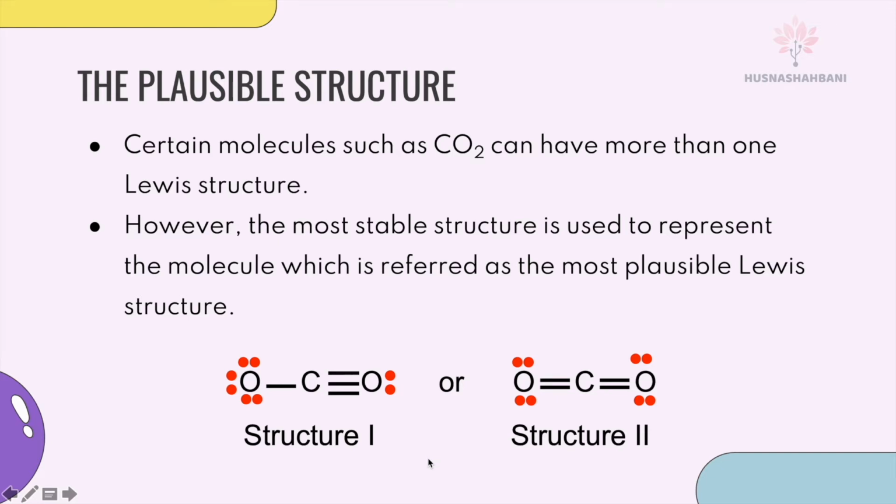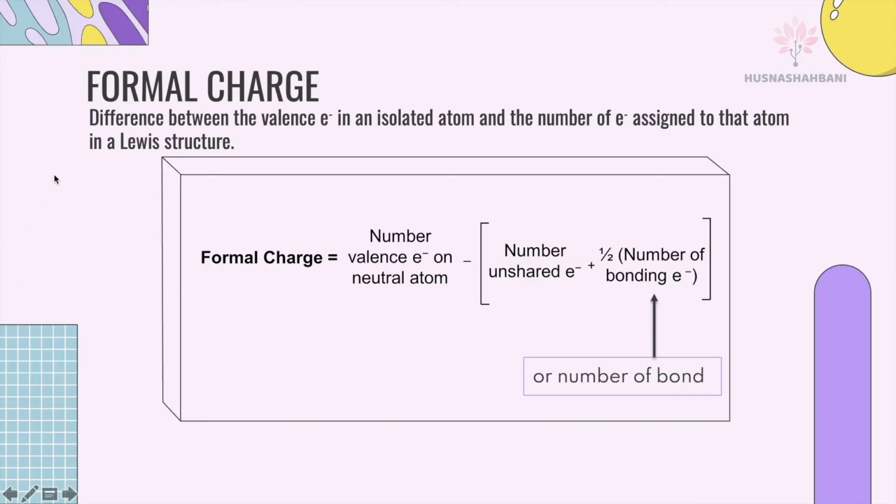In order to do that, you have to count their formal charge. Formal charge is the difference between the valence electrons in an isolated atom, meaning the atom which is not bonded, and the number of electrons assigned to that atom in a Lewis structure, meaning the bonded atom, because in a Lewis structure those atoms form a molecule.